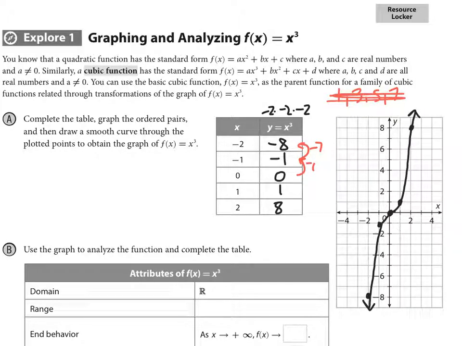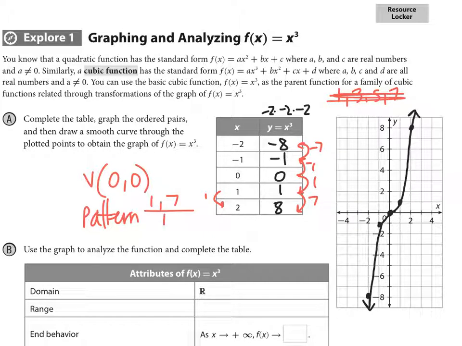So it's like down 1, down 7, and then the other direction is up 1, up 7. And we're still going to be going over 1 every time. So if you want to write that down, the vertex or that middle point is going to always be 0, 0 in the parent function. And the pattern for the parent function is going to be 1, 7 over 1. You may even need to write plus and minus so you remember that it goes different directions.